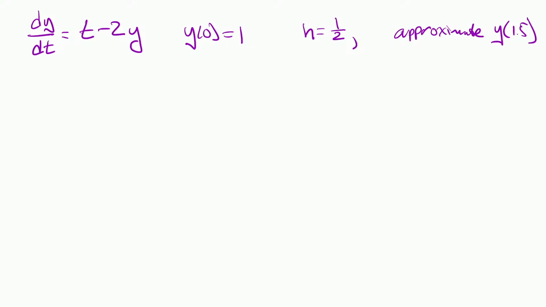So let me just remind you what this Runge Kutta method is. I think it's actually called the Runge Kutta method of order 2. I think order 1 is the same as Euler's method, kind of like the most basic of any method. So I'd have to look it up to make sure that I'm right about that. But the important thing is that this one's called the midpoint method.